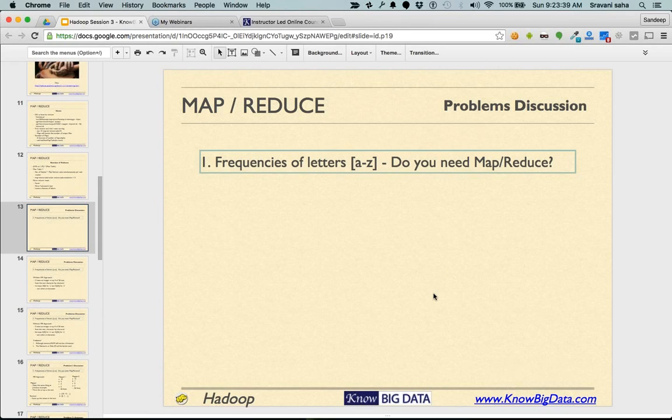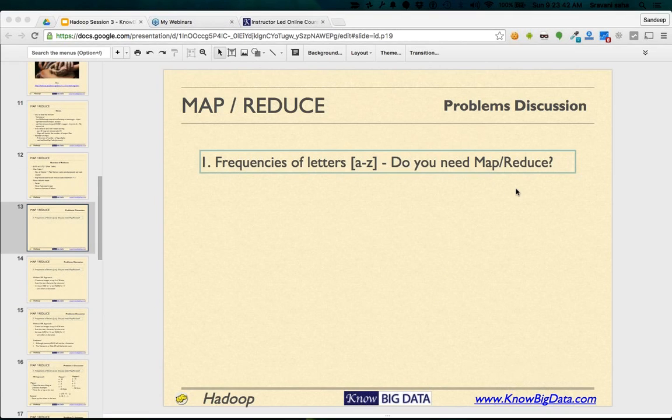All right, here's a question for all of you. If you have to count the frequencies of letters, do you use MapReduce?